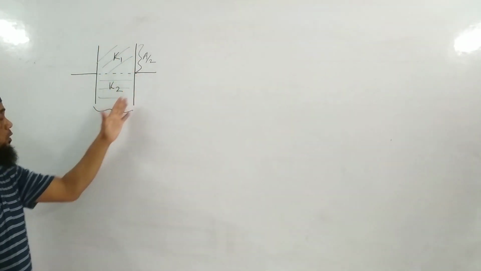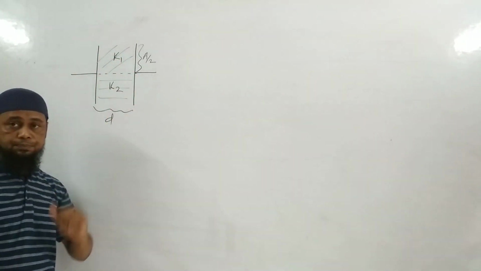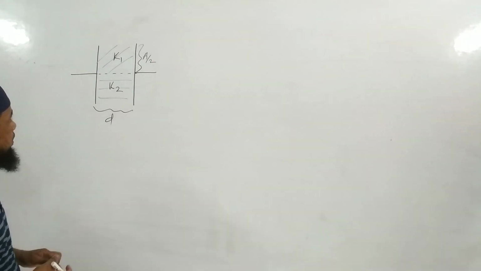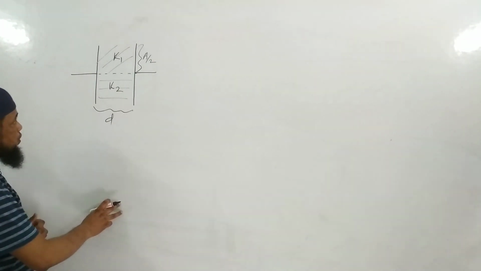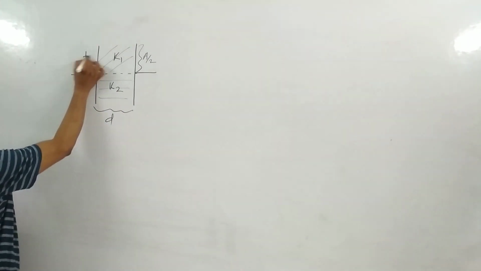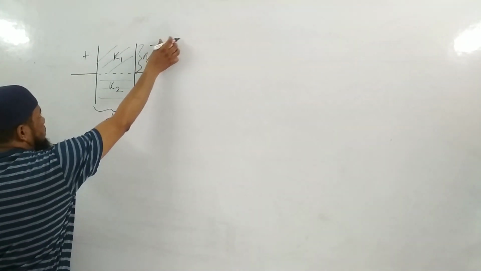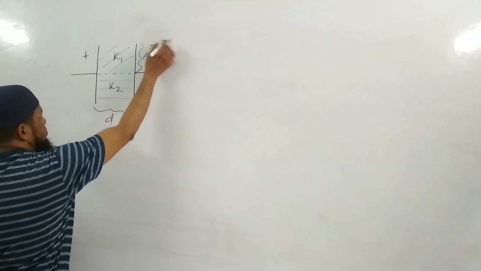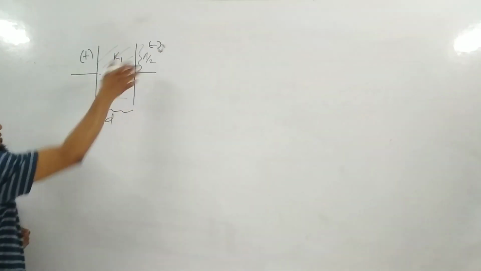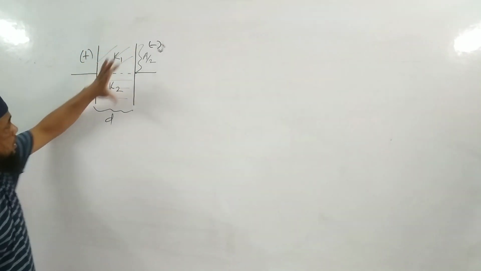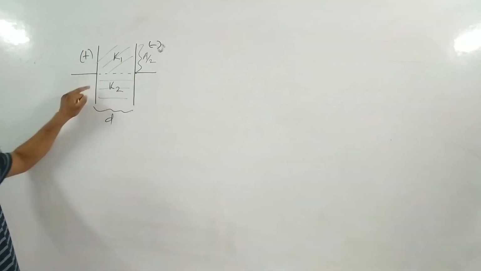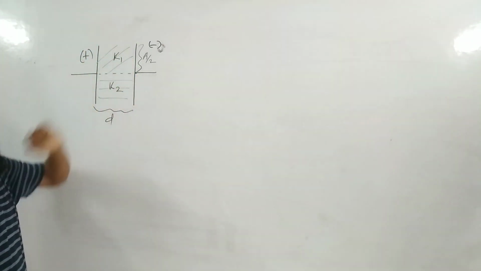In this situation, what will be the total equivalent capacitance? How will you do that? So for this, what we'll do? One side is positive, the other side is negative. So we can imagine this is one capacitor and this is another capacitor whose positive plates are joined and negative plates are joined.